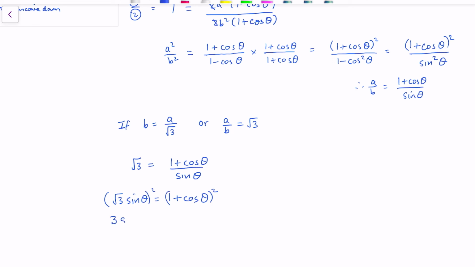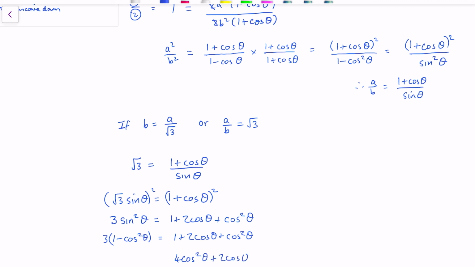So I've got 3 sine squared theta, it's 1 plus 2 cos theta plus cos squared, and then I'd be switching the sine squared to 1 minus cos squared, and then I'd be rearranging this, 4 cos squared plus 2 cos theta minus 3 equals 0.